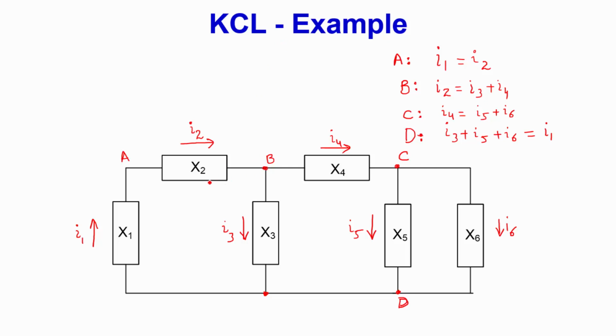In this process, finding a current means finding its magnitude as well as its direction. And here we arbitrarily assumed all the directions for currents. If we were given some solid numbers, then we would first do all the calculations, and at the end of the calculations, if the value for a current turns out to be positive, that means our assumed direction for that current was correct.